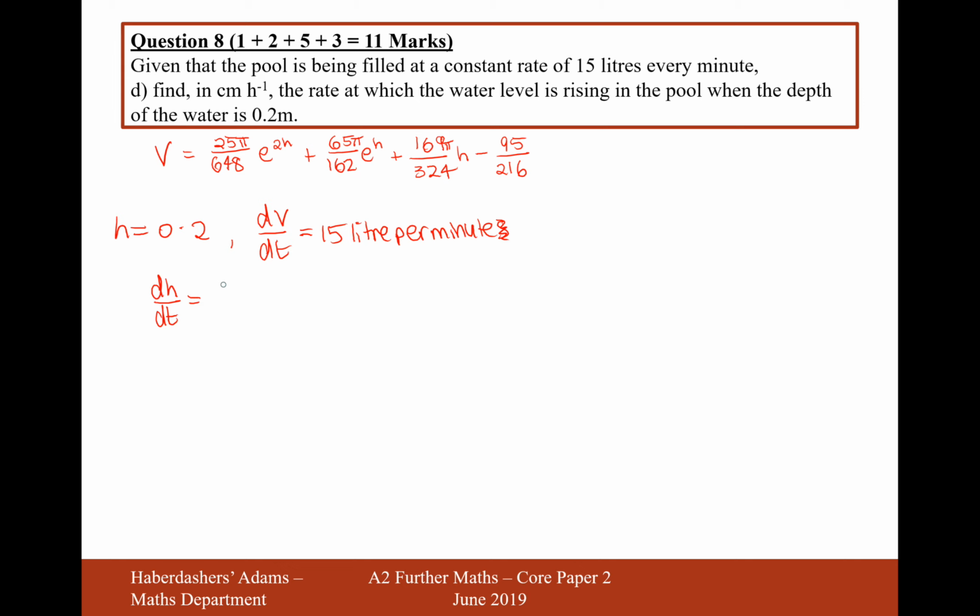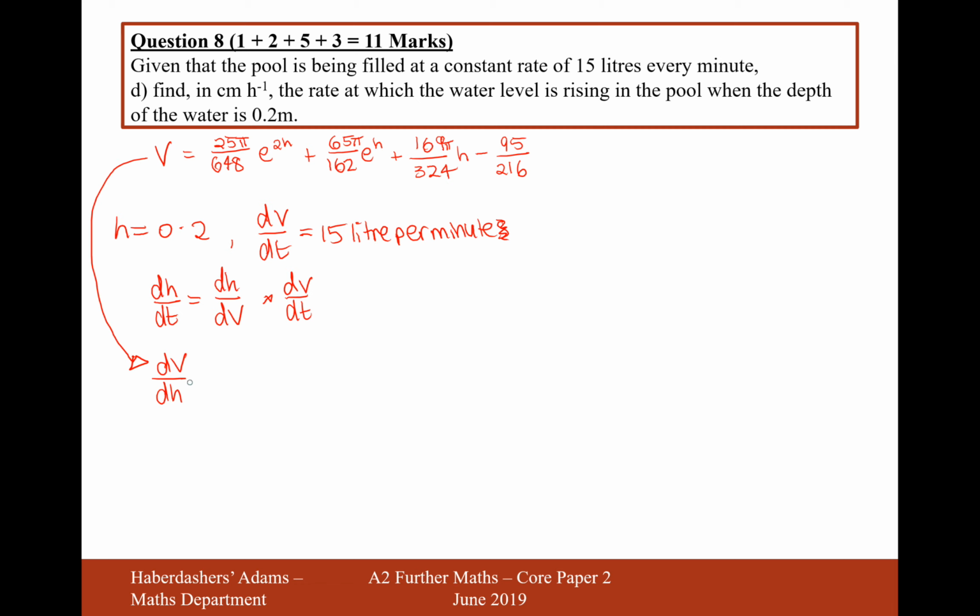level is rising, and the way we're going to be doing that is probably by, well, we've got a dV by dt, so we probably want to cancel out the dV and then do a dH on the top. So it looks like we're going to have to differentiate this thing here, then flip it upside down. So let's differentiate this thing then.